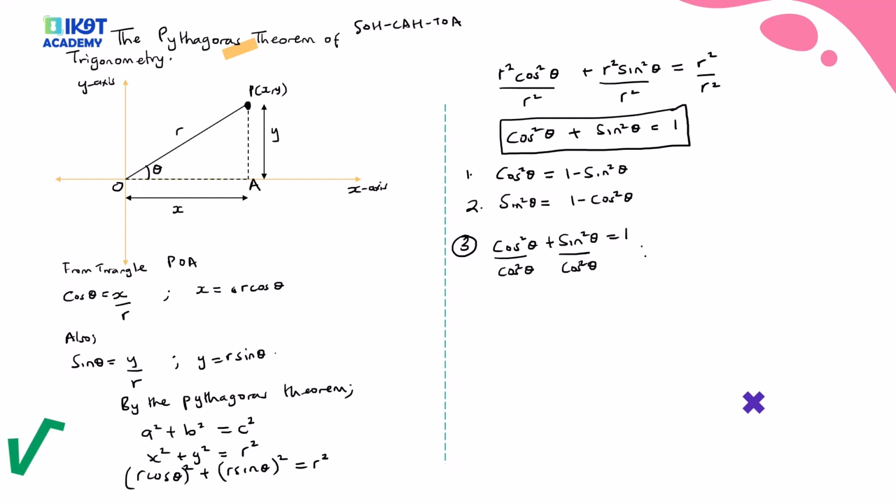This one is 1, plus sine out of cos, which is tan, so plus tan squared theta, is equal to 1 out of cos squared theta, which is sec squared theta. So this is another very important identity that we have. And even this one we can interchange: we can make tan squared the subject, so tan squared theta is equal to sec squared theta minus 1.